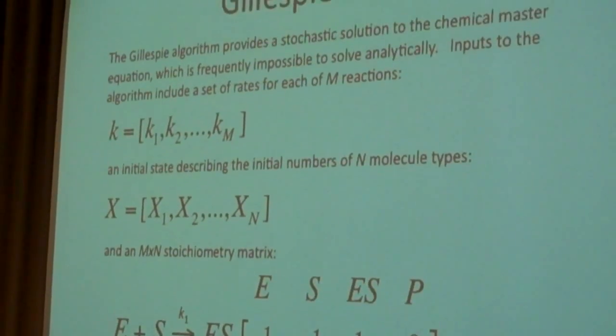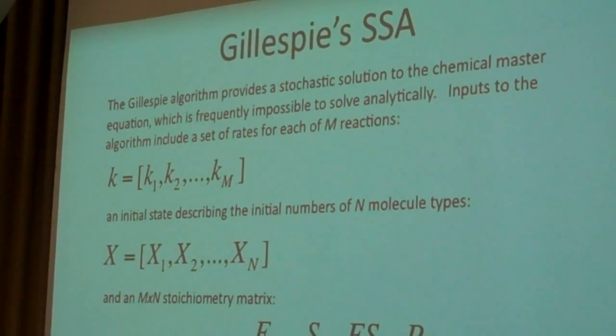So I'm just going to give you a simple rundown of how the stochastic simulation algorithm works before I show you how it's been implemented on the GPU. We start out with a list of reaction constants, similar to the ones which I described in the Michaelis-Menten system, K1, K2, and K3, as well as an initial state describing the numbers of the n molecule types, so x1, x2, xn.